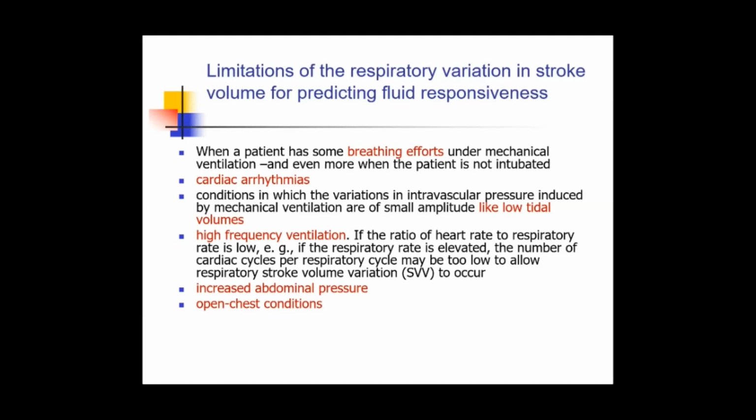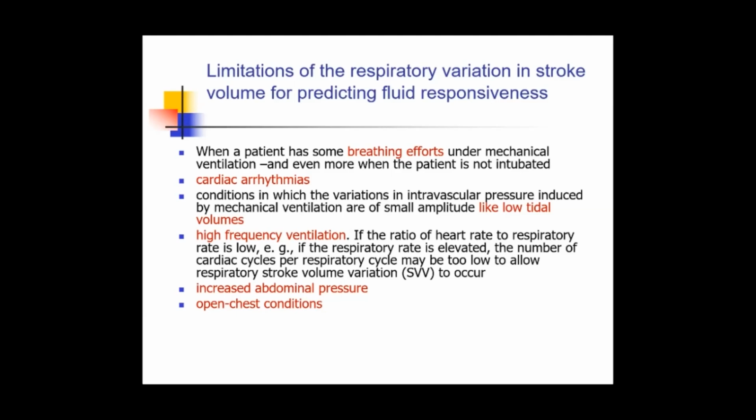In the presence of cardiac arrhythmias, we cannot interpret correctly. In conditions in which variations in intravascular pressure induced by mechanical ventilation are of small amplitude, like low tidal volumes, again we cannot interpret correctly. And if there is high frequency ventilation, the ratio of heart rate to respiratory rate is low.